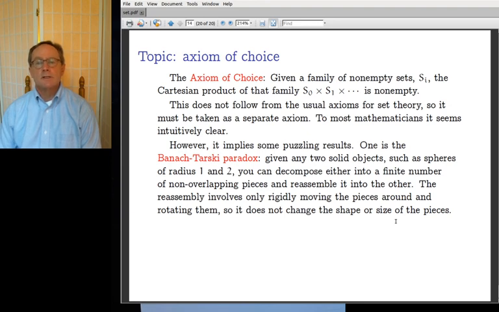Most mathematicians consider it intuitively clear. However, it implies some results that many people consider puzzling. I'll just mention one, and this is not for homework or anything, just to give a person some idea: the Banach-Tarski paradox. We have a couple of very nice books about it in the library.